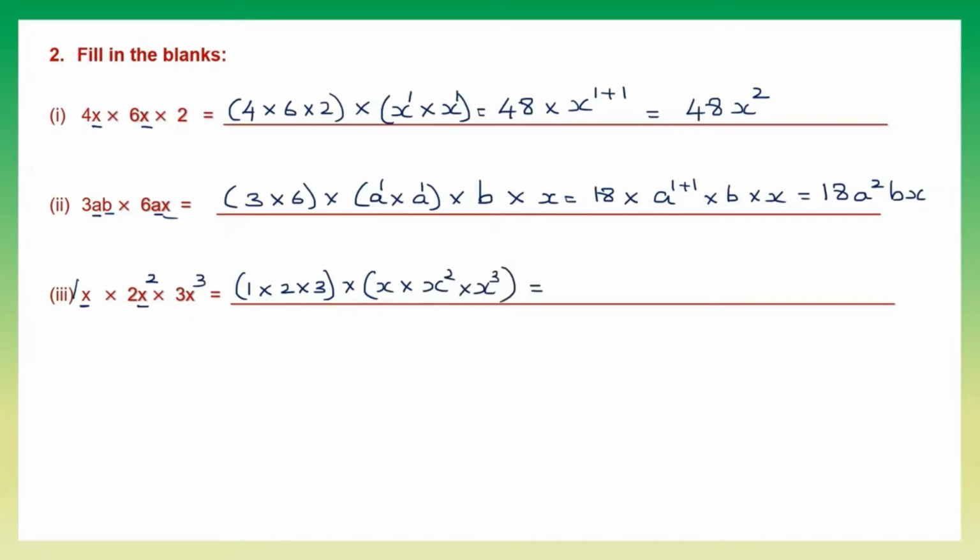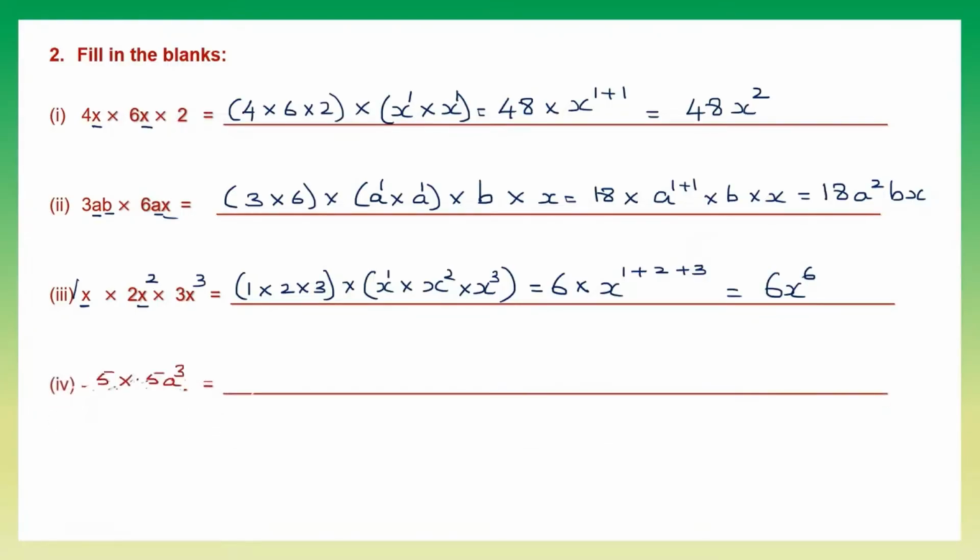So let's multiply. 1 2s are 2, 2 3s are 6 into x to the power of, now this is 1. So 1 plus 2 plus 3, which is 6x to the power, add all this up, 1 plus 2 is 3, 3 plus 3 is 6. So our answer is 6x to the power 6.